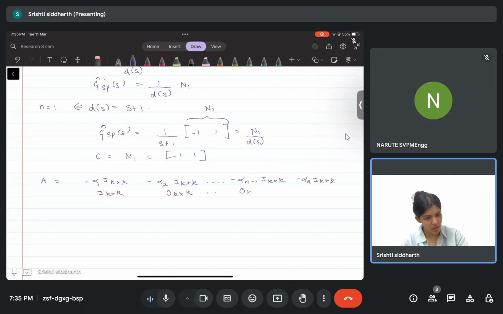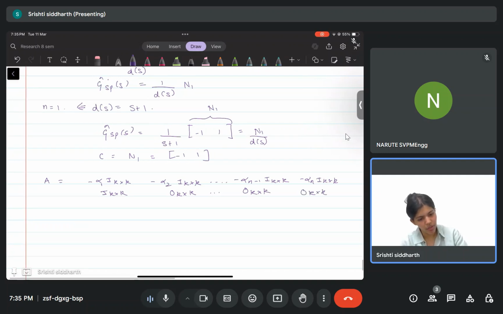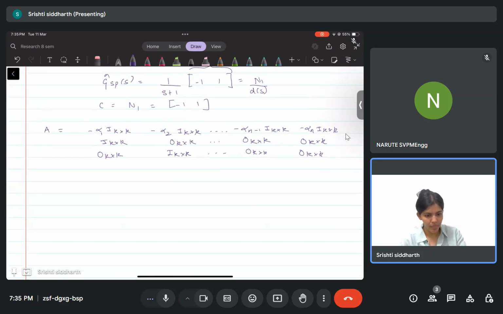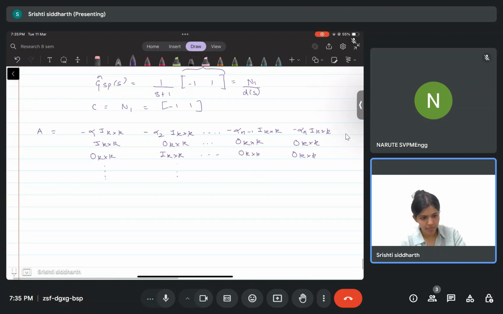We have zeros again, and then we shift this identity matrix to the right, insert 0 here, and then zeros throughout. So actually we have a chain of integrators here. Then this goes on by shifting the identity to the right, and in the last row we have I k plus k, 0, I k plus k.